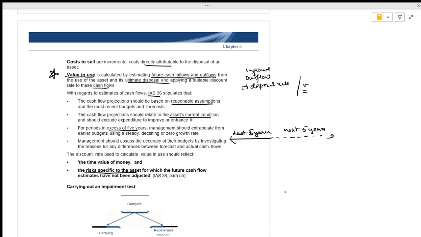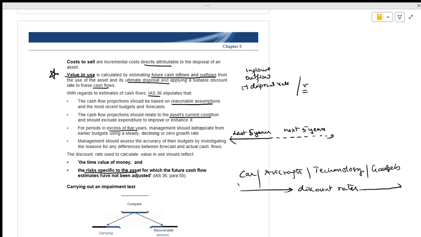You are talking about cars, you are talking about aircraft, you are working with technological products, you are talking in terms of gadgets. Every category will have a different discount rate as such.